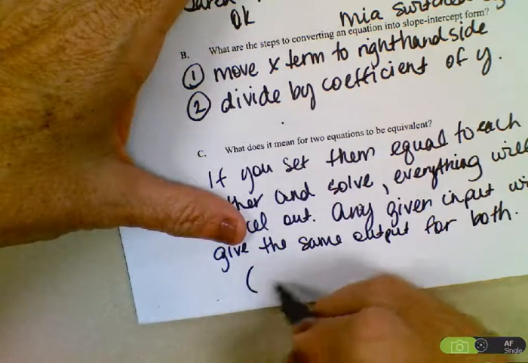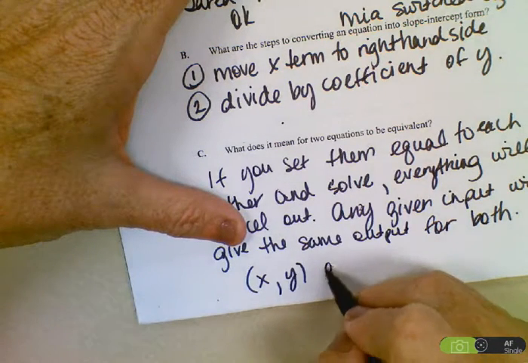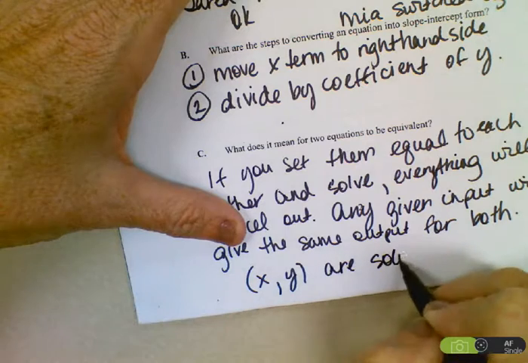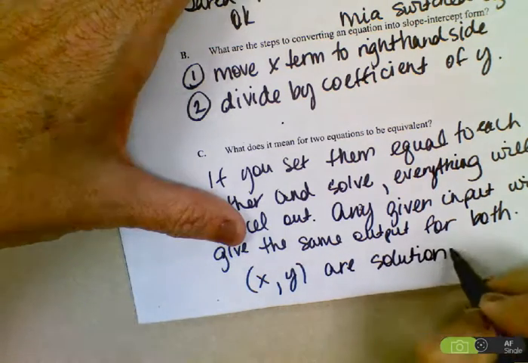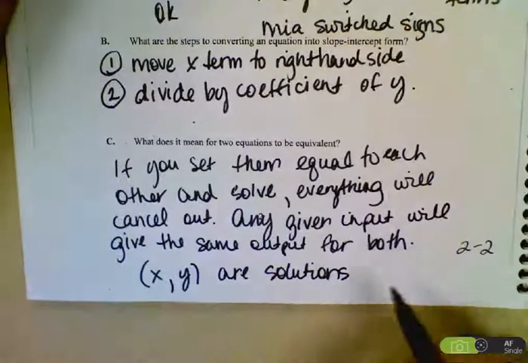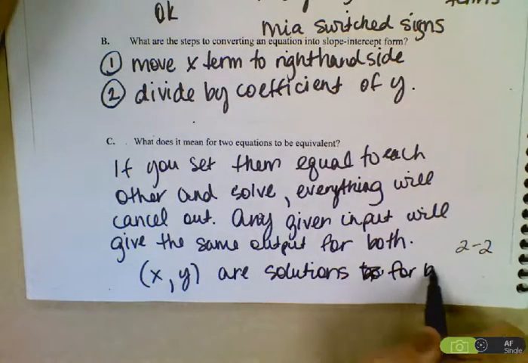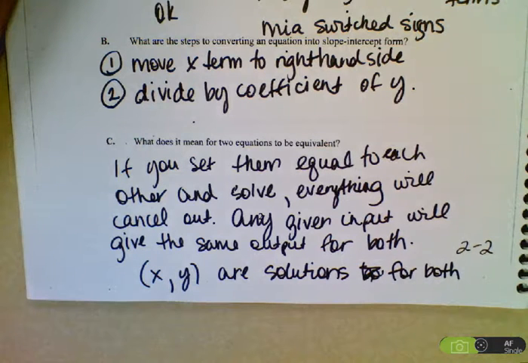So, which means that the coordinate pairs are solutions for both. So any x and y coordinate that is a solution for one, if they're equivalent, it needs to work for the other one. Solutions for both. Okay? So get all of that written down, and then we'll go over to 2, 3 for some practice.